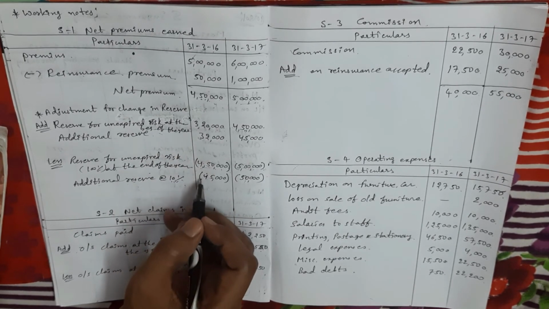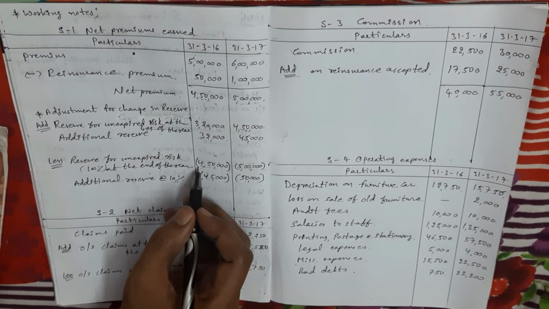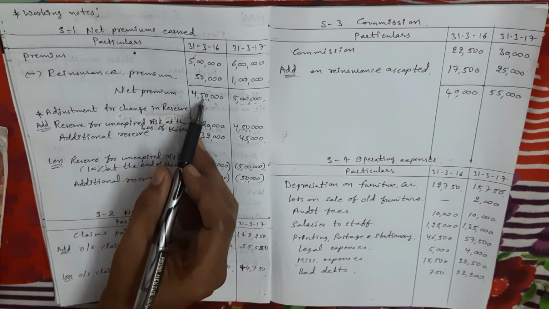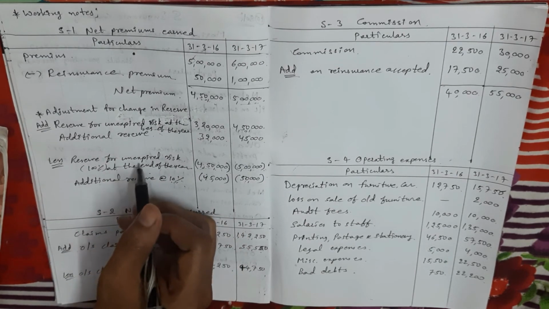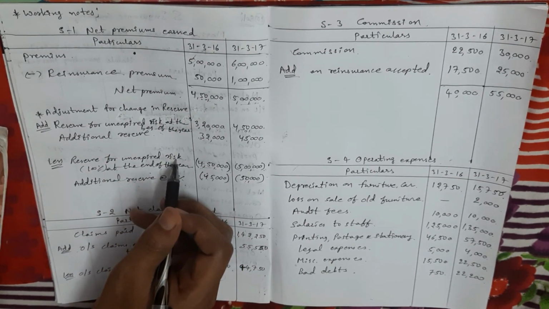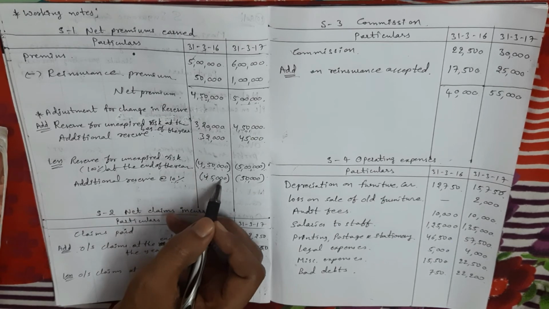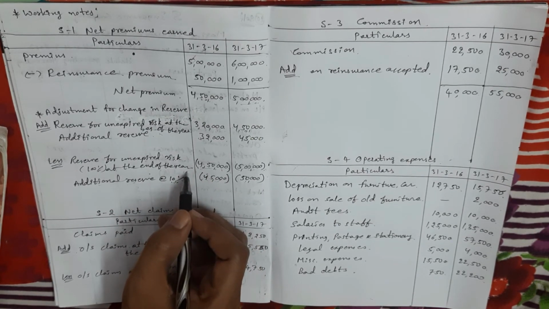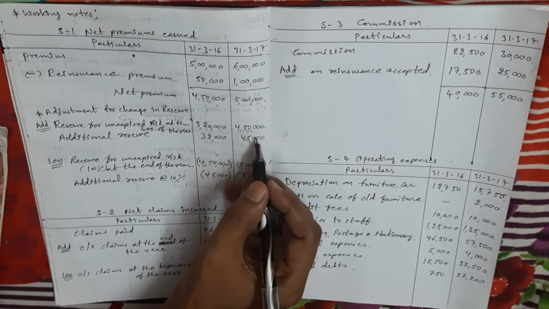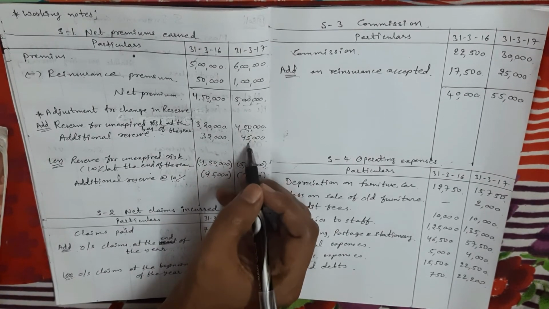And last year closing balance, how to get? Last year closing reserves we calculate on last year net premium amount. It's 10%, that is 10% additional reserve, 100% unexpired risk reserve. Next, last year closing balances become present year opening balances. So last year closing reserves we take as present year opening reserves. So 4,50,000, 45,000.